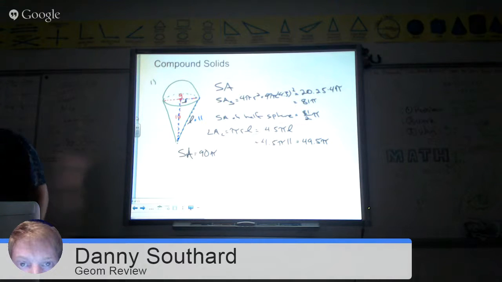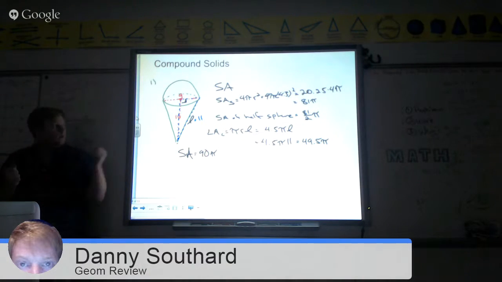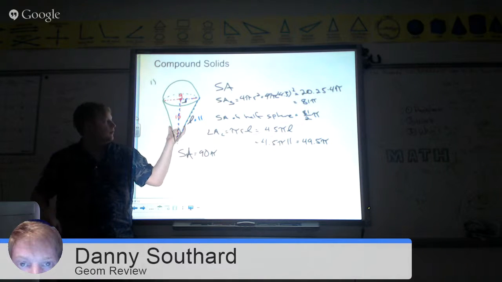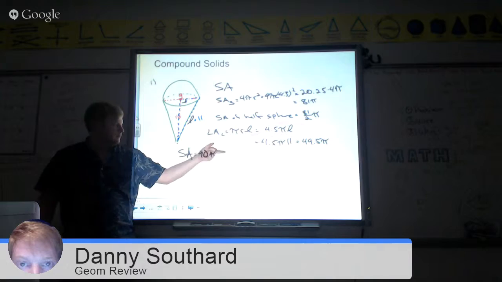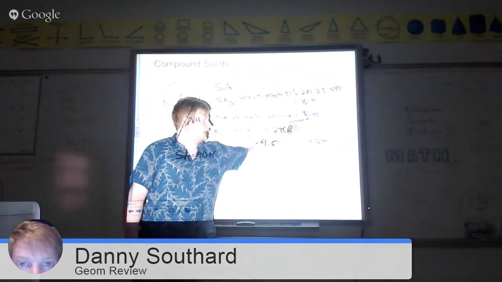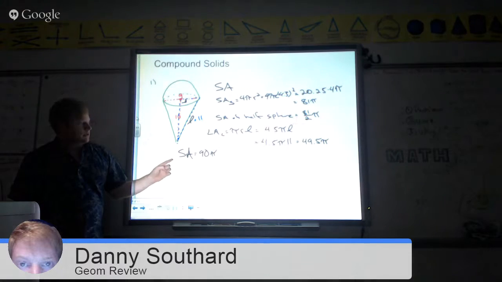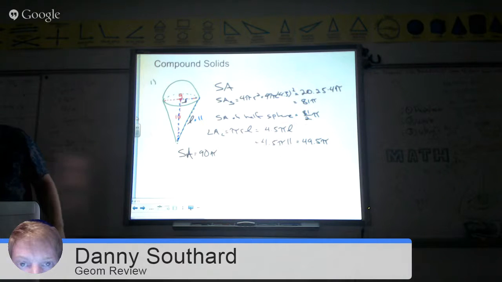If you just relied on the formula sheet and didn't think about what surfaces were being shown, the base isn't being shown, so the only part of the cone that I need is the lateral surface area. You don't need the base of the sphere, it's not part of the surface area. Add those two surface areas together and I get 90 pi. That's just an easy one.